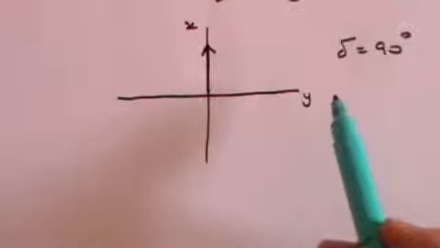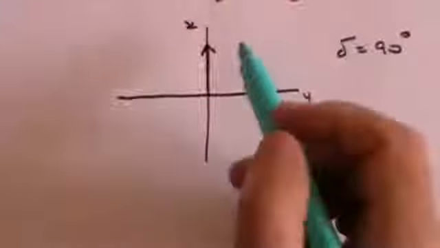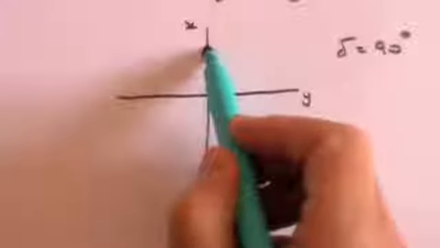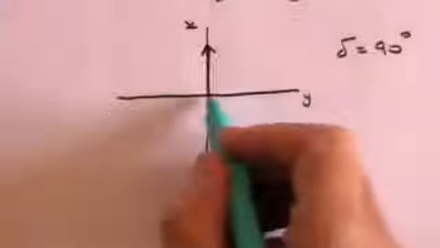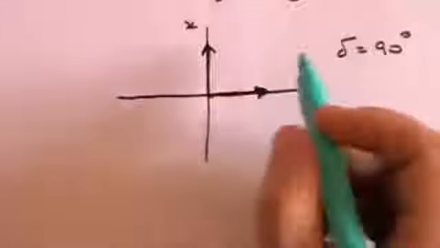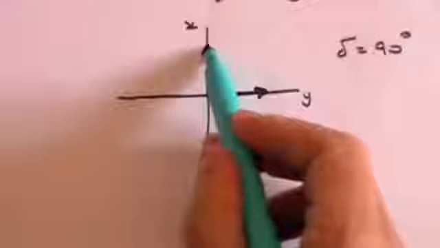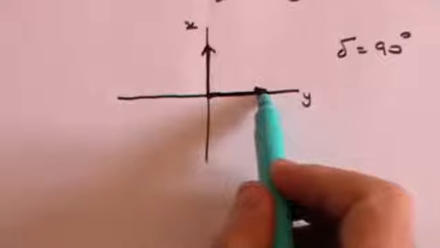Now let's go a quarter of a wavelength on, or if you like, a quarter of a cycle on. A quarter of a cycle on, the x field will have come down to 0, but the y field will have gone to a maximum. So this is the position when we start. This is the position a quarter of a wavelength later.